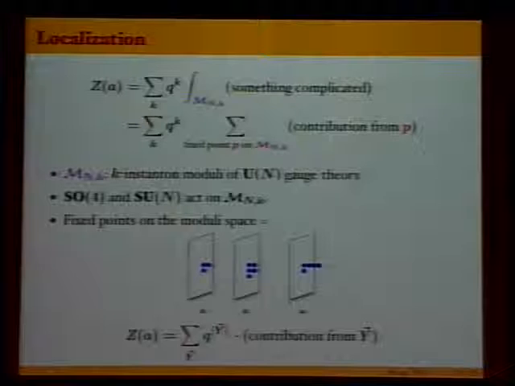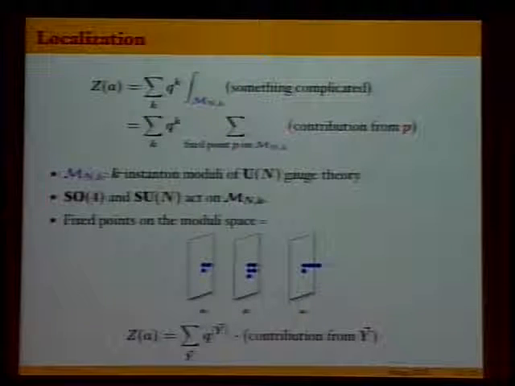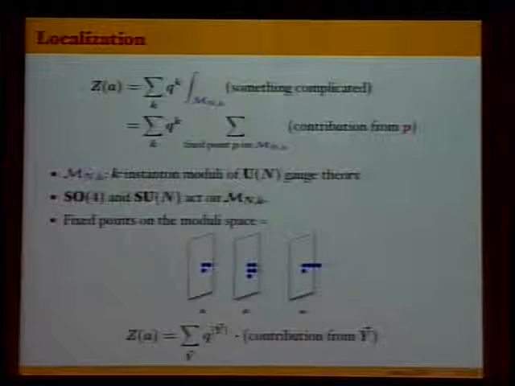But there is a very effective way to calculate it using this action of SO(4) rotation of the space and the SU(N) action, which is the global gauge rotation at infinity. So there is a nice mathematical theorem which says that in such a situation, an integral over the whole moduli space becomes just the summation over the contributions from the fixed points under this group action on the instanton moduli.